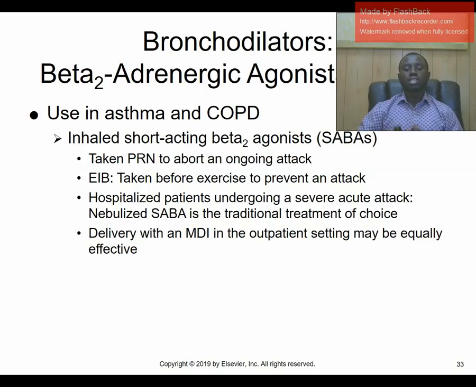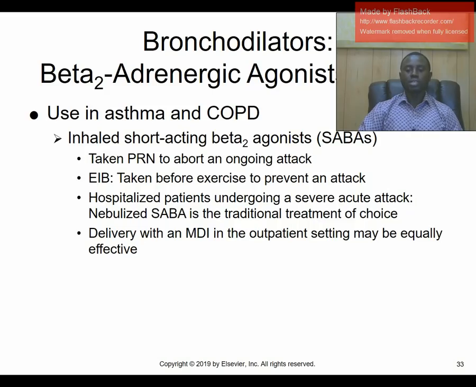It is also taken before exercise to prevent an attack. So if you have, say, a teenager, a 13 or 14-year-old that plays sports, they can use beta adrenergic short-acting medications to prevent an exercise-induced attack.